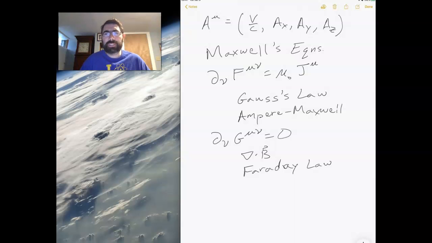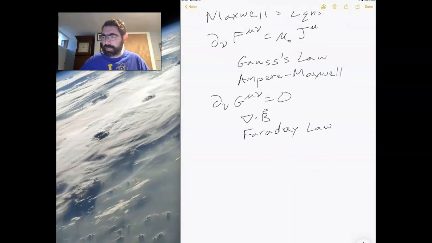Now, we could also write the field tensor in terms of the potentials, where I would write this not as the divergence, but as just derivatives, like so. And so the final step in our analysis is writing down Maxwell's equations in terms of the potentials.